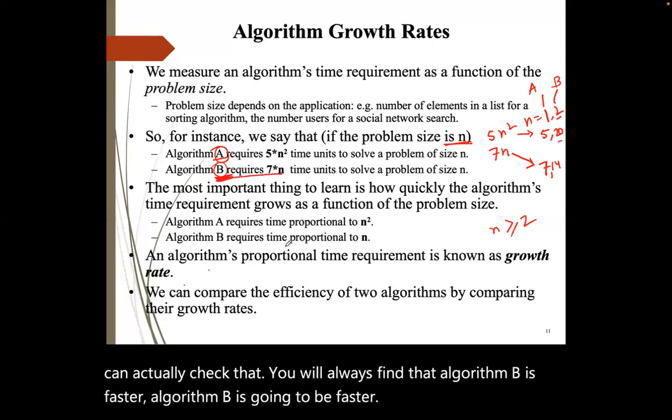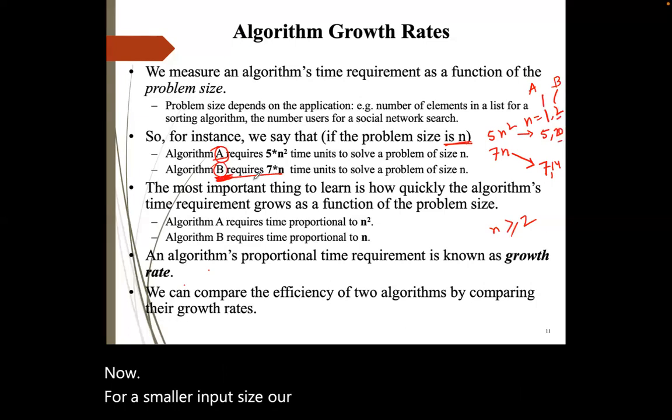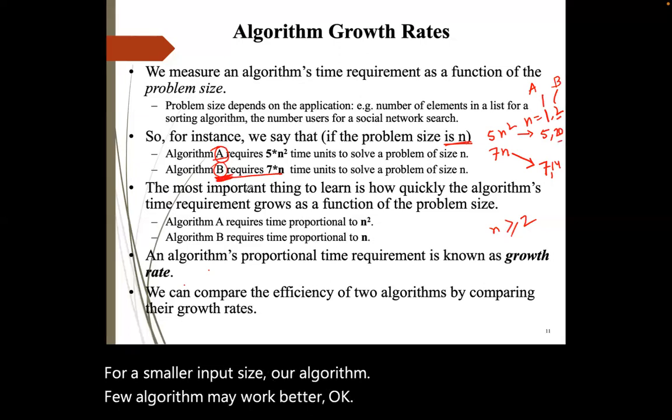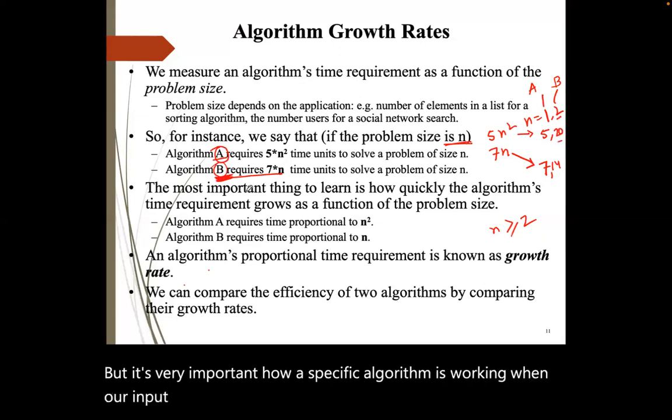For a smaller input size, a few algorithms may work better. But it's very important how a specific algorithm works when our input size is increasing to a large number. That's our main concern.